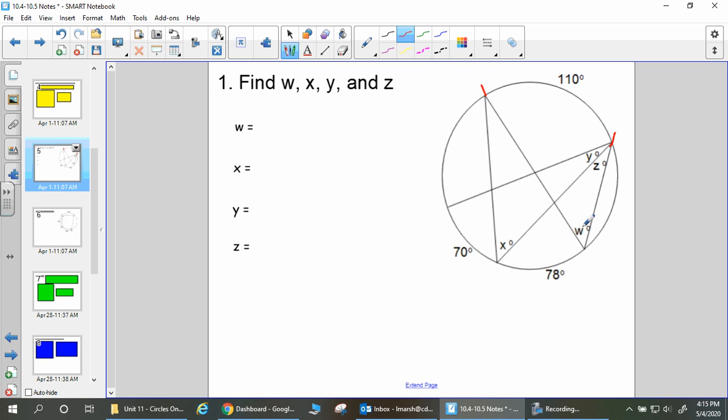Well, this is an inscribed angle, and that means it is half of the arc that it makes. So if my arc is 110, I need to divide it by 2, or I could say 1/2 times 110, either way. If I divide it by 2, then angle W is 55 degrees.